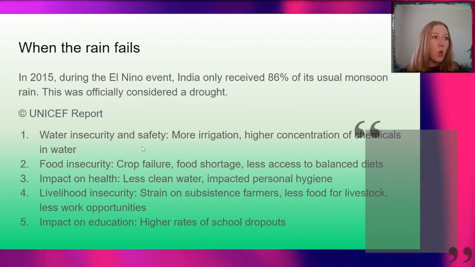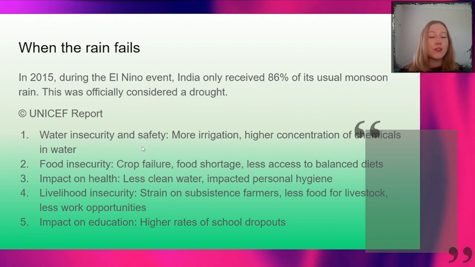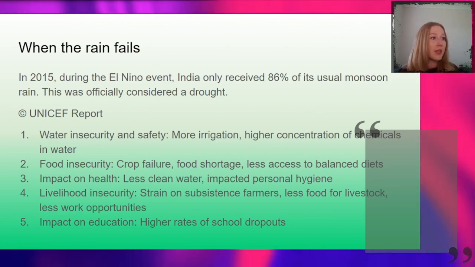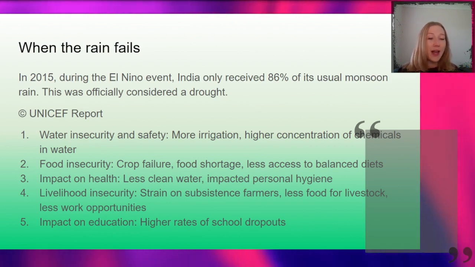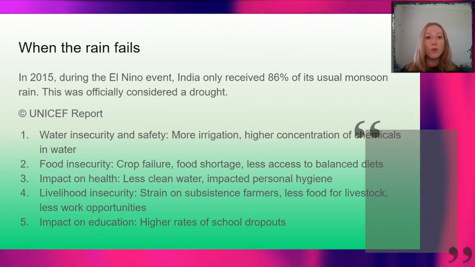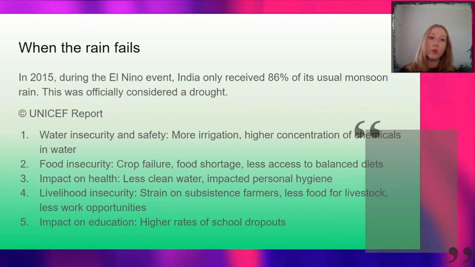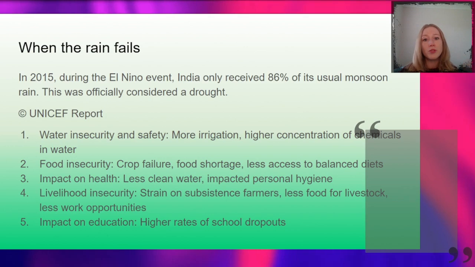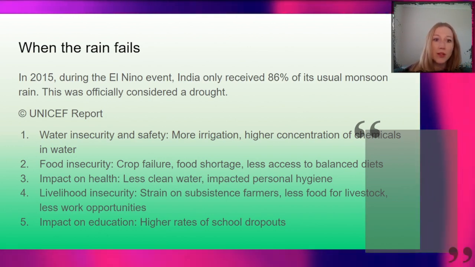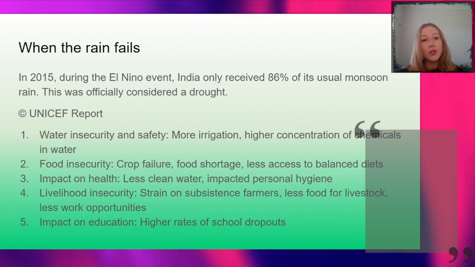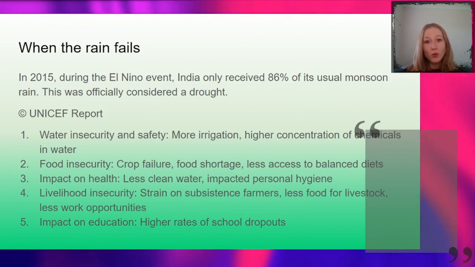Things like water insecurity and safety. So, people not having access to basic everyday water. It did bring into question how that water was used. So, more farms were using it for irrigation. So, they weren't using rainfall or surface water, they were maybe using different forms of borehole water or other water reserves and using irrigation rather than rainfall, which means that there was less water storage.